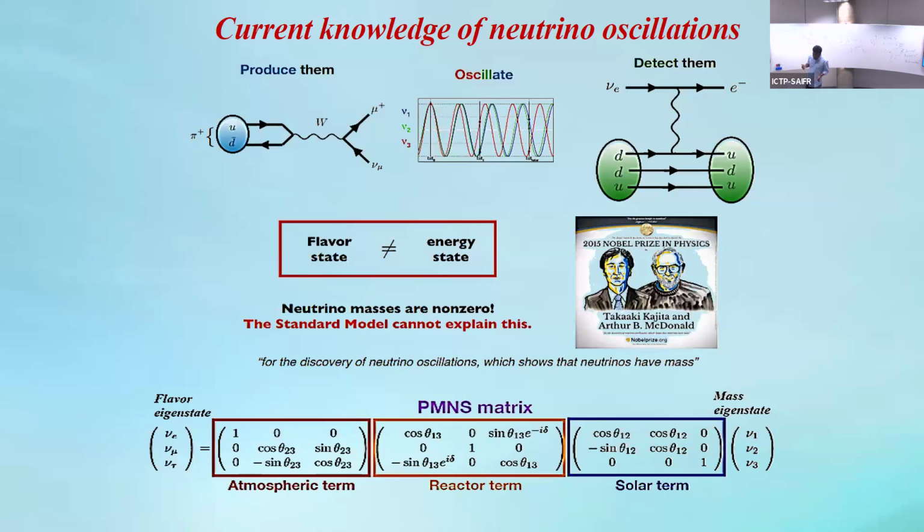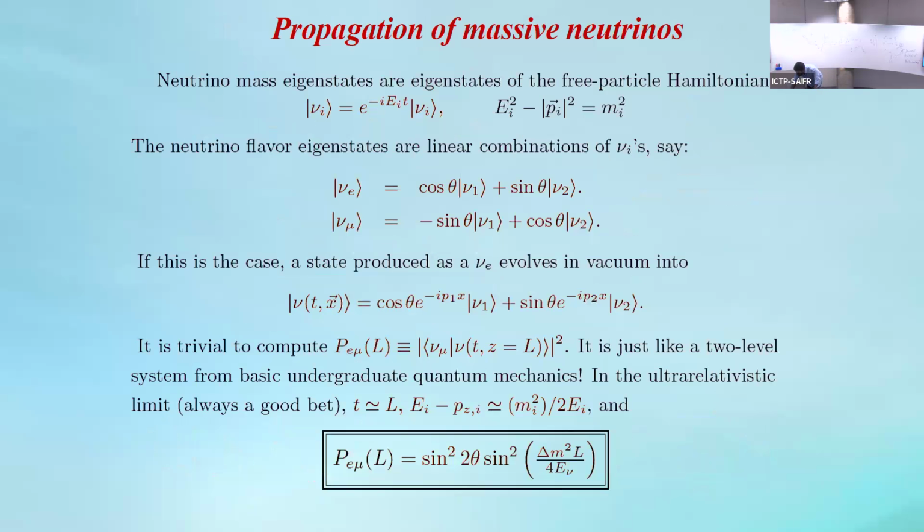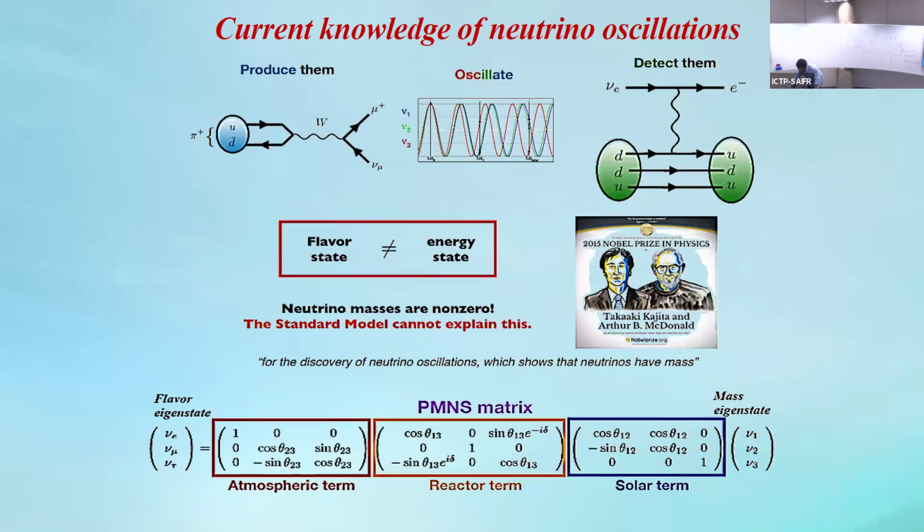So the last thing: here I'm showing the current knowledge of neutrino oscillation. Currently, hundreds of experiments have established that fact. You produce these neutrinos in weak eigenstate, and if you give enough distance, they propagate in mass eigenstate, and after a while they oscillate to other flavors.